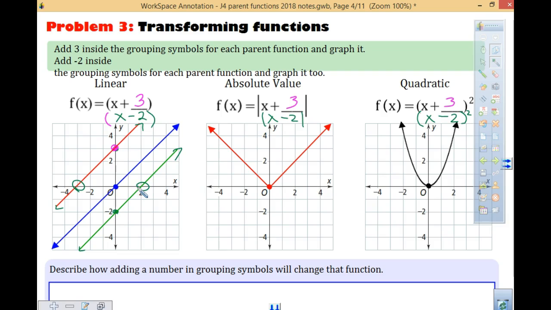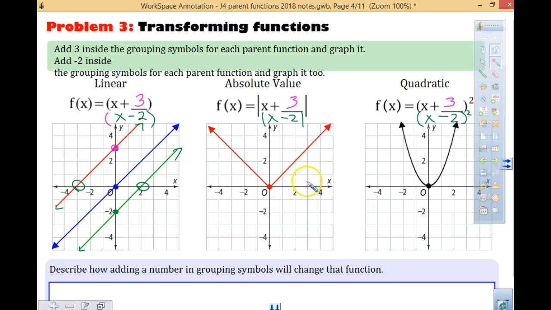So the plus 3, Kylie, which way are we moving it? Over here, 3. Okay, so if I plug in 0 for x, and maybe let's just try the number 3.